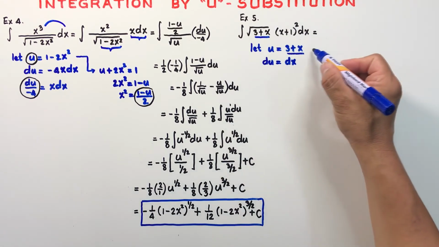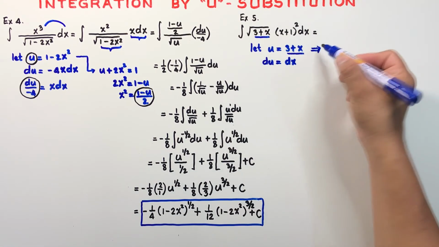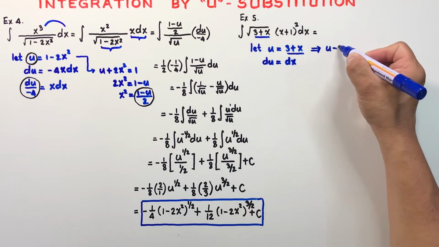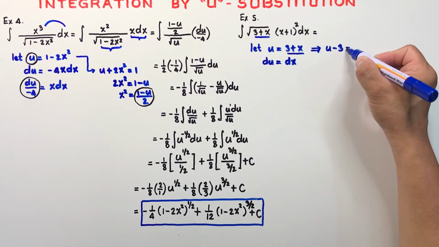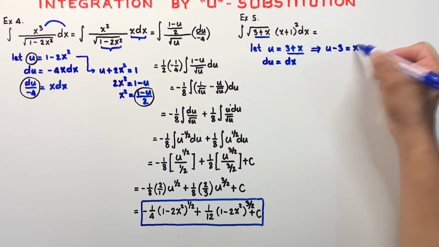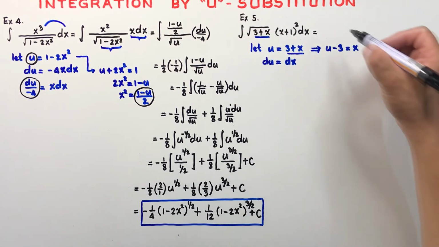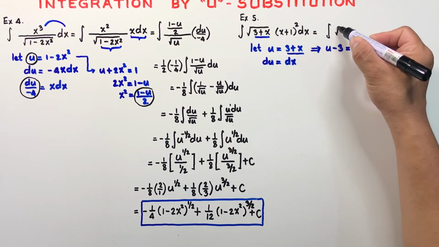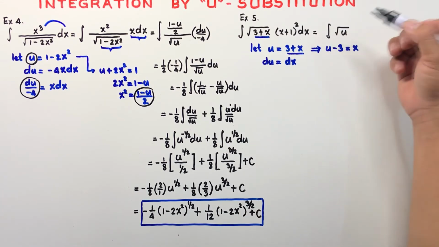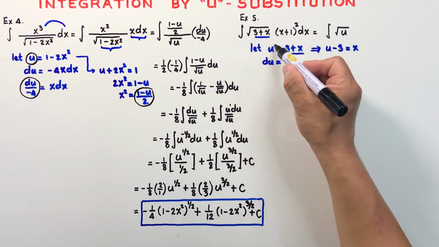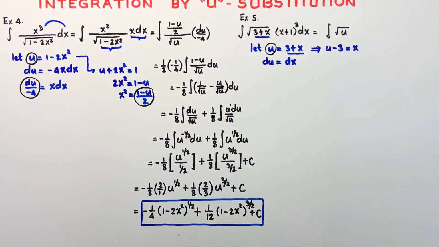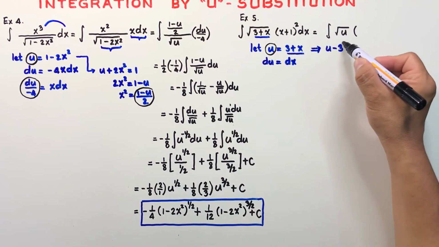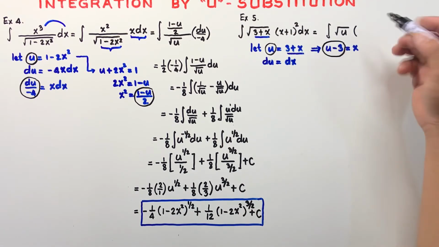So what we will do is we solve for x by subtracting both sides of the equation by 3. So this is u minus 3 is equal to x. So by substitution, we have the integral of the square root of u because 3 plus x is our u here. And this x only is our u minus 3.